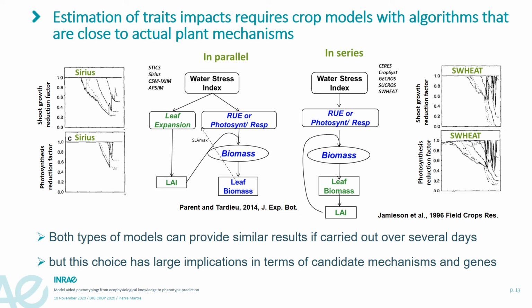For a model that considers the effect of water stress on radiation use efficiency and leaf area index in series, photosynthesis is much more sensitive and decreases much earlier under drought than shoot elongation. So if such models are parameterized with sensitivities estimated from high-throughput phenotyping, they will give very different results.